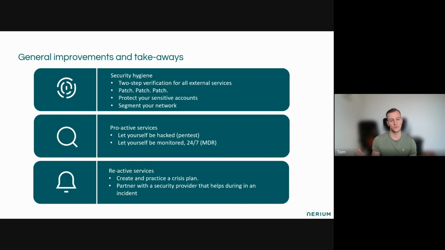We sit in one room, get all the people involved, and mimic a ransomware scenario. So we say, okay, now all the screens are black. What are you going to do? Where is the crisis plan? Who are you going to call? Then you can really test your plan, and there will always be little things that you haven't thought of that are realized during such a scenario, which are really helpful when there's a real incident.